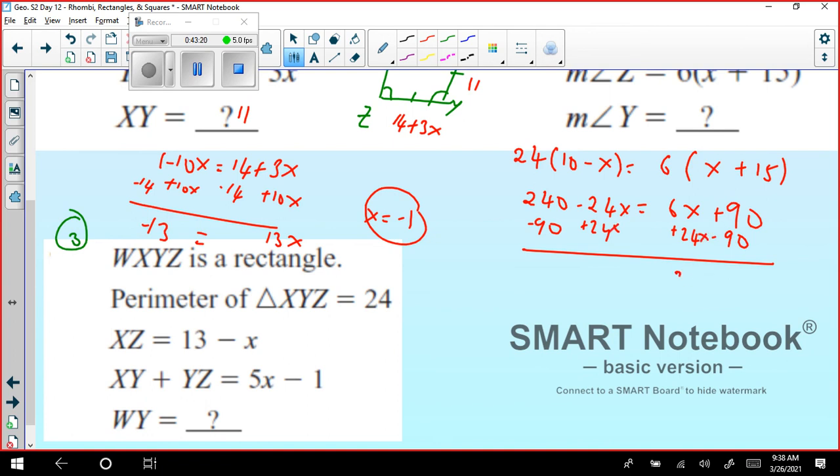So here 30x will be equal to 240 minus 90, which is nothing but 150. Then divide by 30 on both sides to get x as 5.